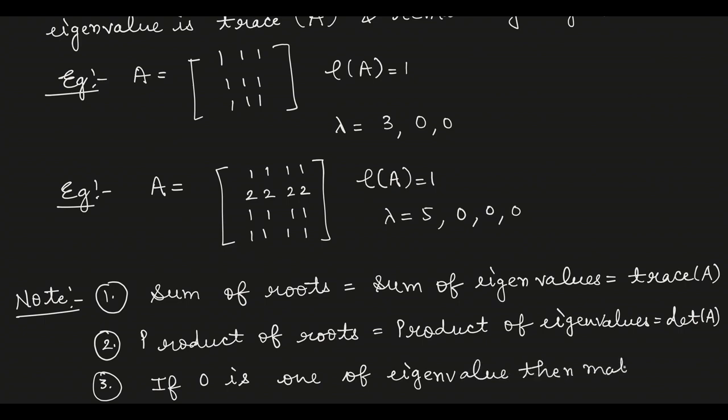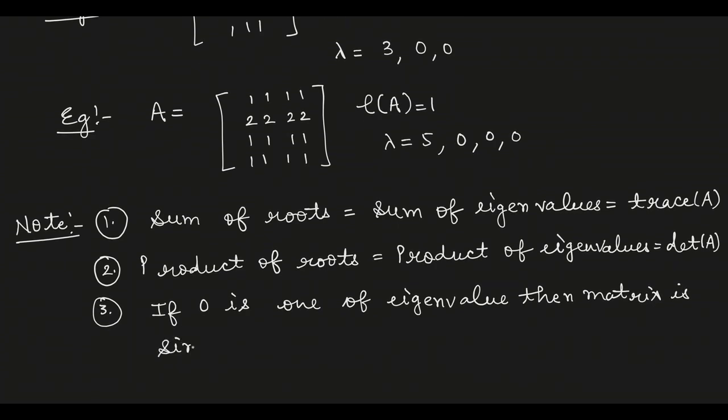If 0 is one of the eigenvalues, then the matrix is singular, meaning its determinant will be 0.